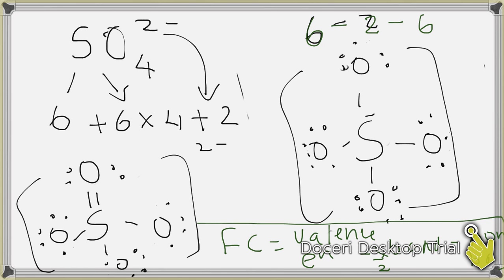So the formal charge is valence electrons minus half bonding minus all non-bonding electrons. So 6 is valence electrons, half into 2 for bonding, and then non-bonding 6. So this formal charge becomes -1.